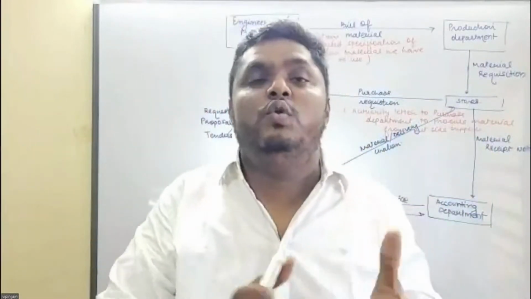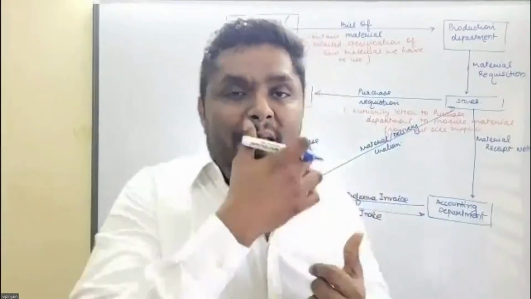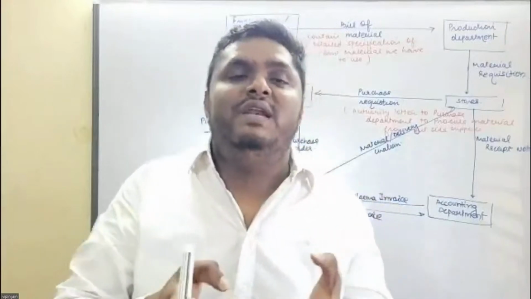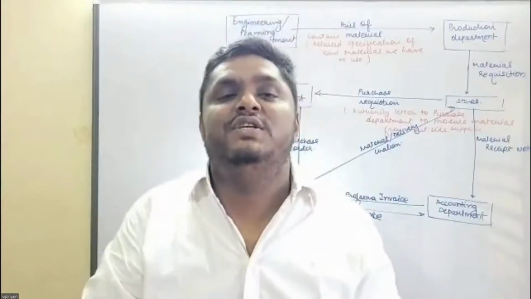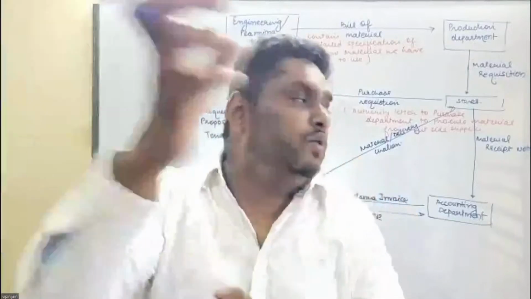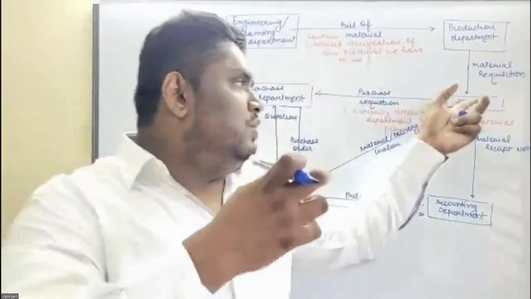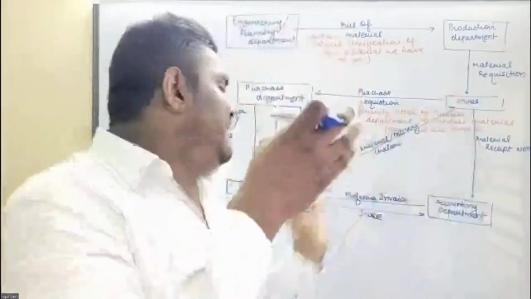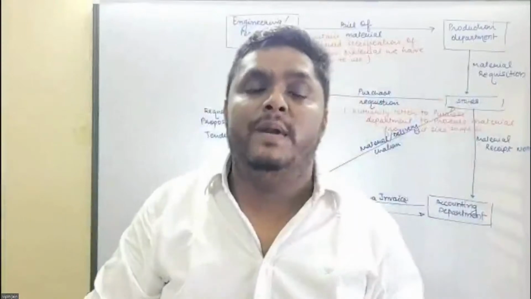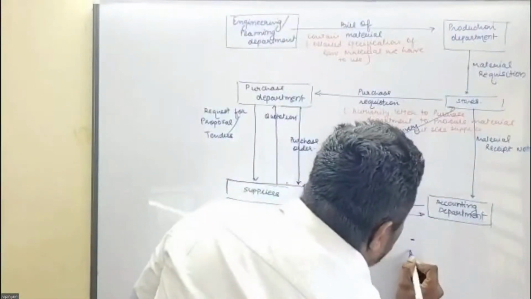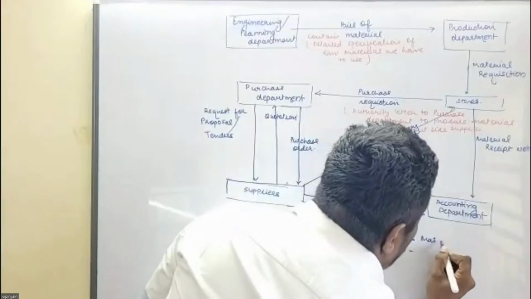Apart from this, there are two more challans that need to be issued. That is goods return note. If certain goods are not as per the specification or are damaged or defective, then they will return it to the supplier. So the stores department will issue material return note to the supplier as well as the accounting department.